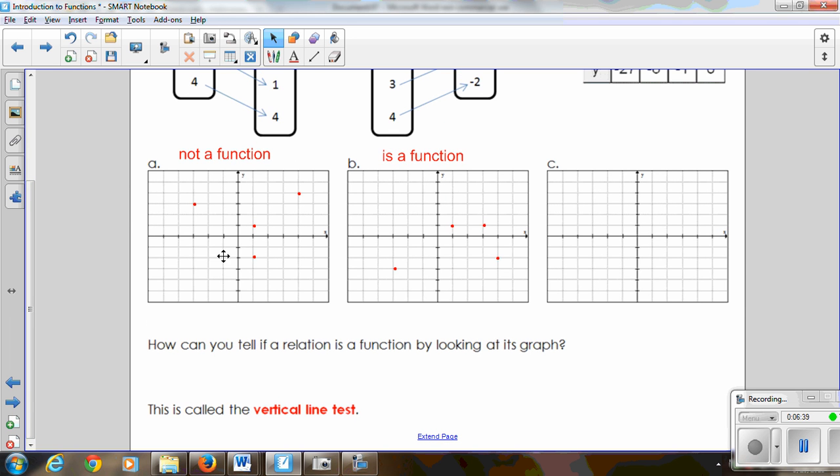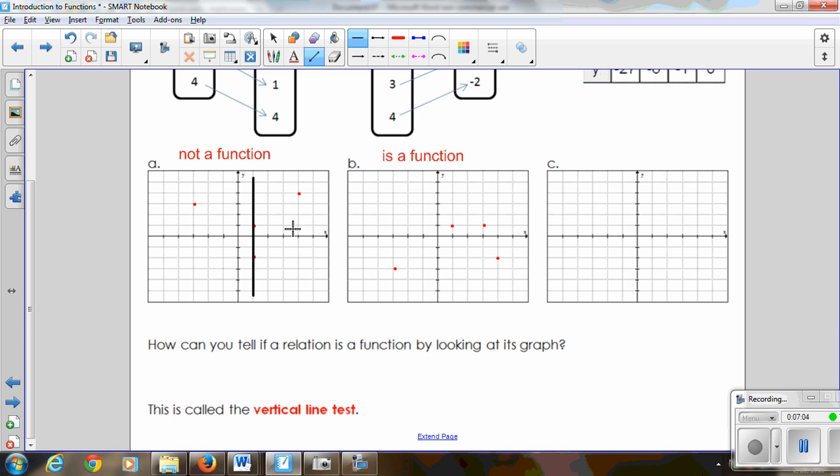Well, for my graph that doesn't have a function, notice that if I were to draw a vertical line right here, you can see that it actually crosses the graph twice. And in order for a relation to be a function, it can't do that. I have to be able to draw a vertical line anywhere in my graph, and it must cross no more than one time.